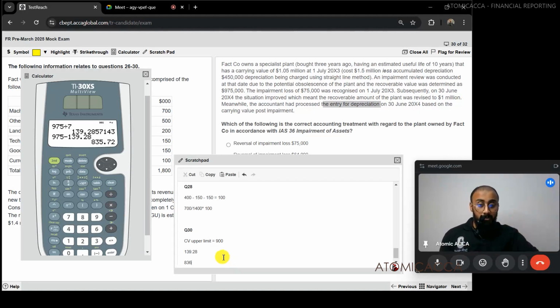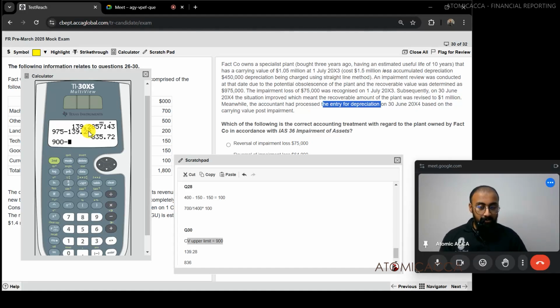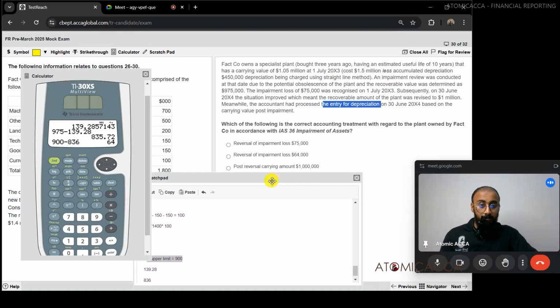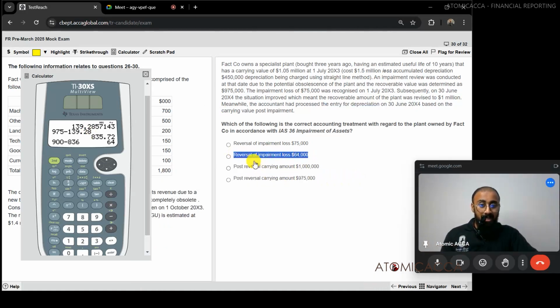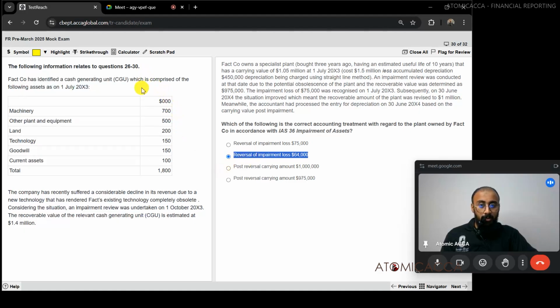But up to what limit? Only up to the limit of 900,000. So what would be the gap between this? 900 minus 836 would be equal to 64,000 reversal of impairment should happen. So you can see reversal of impairment loss $64,000. So that would be our answer over here.